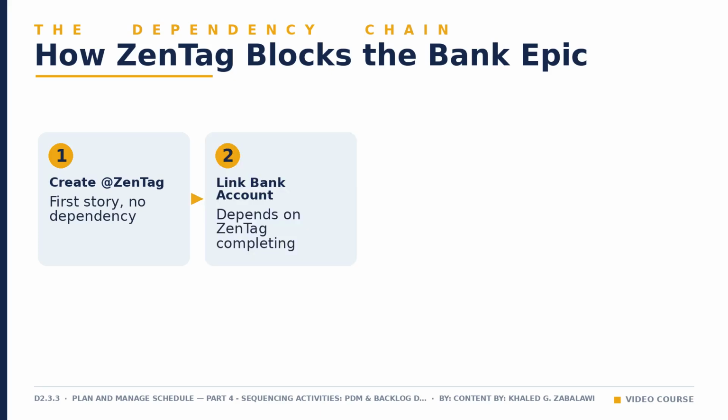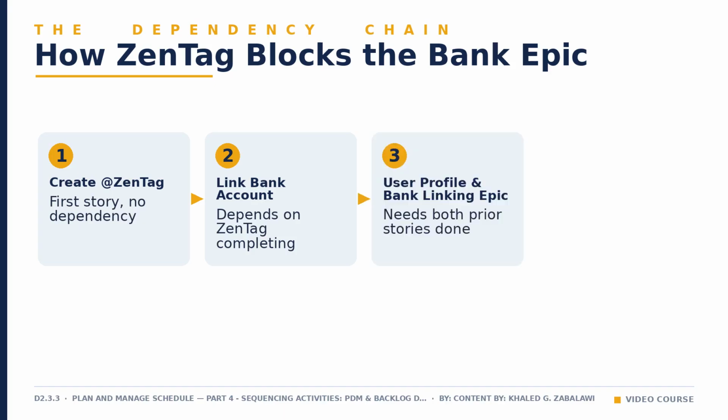Next comes securely linking a bank account. The dependency rules state this depends on completion of the first story. In practice, a user needs an identity, the Zen tag, before the system links a funding source to it. Epic 1, user profile and bank linking, cannot be considered complete until both the Zen tag story and the bank linking story are finished.